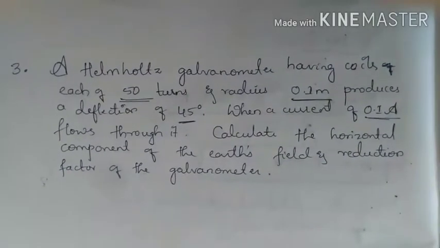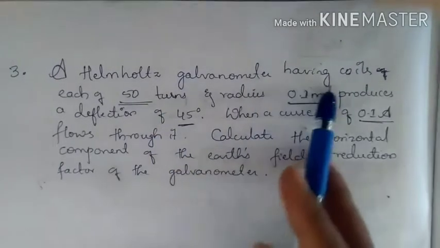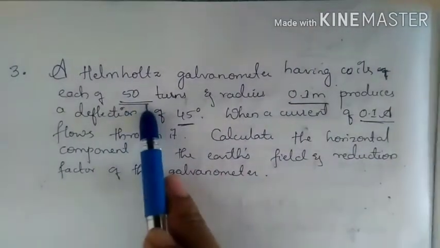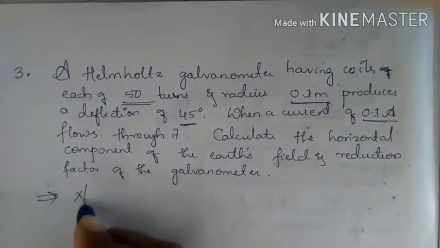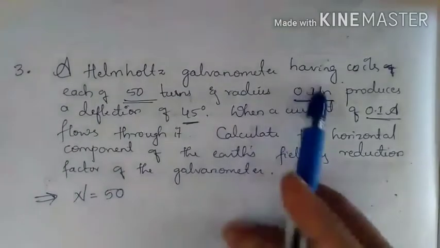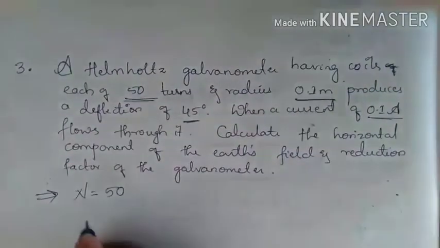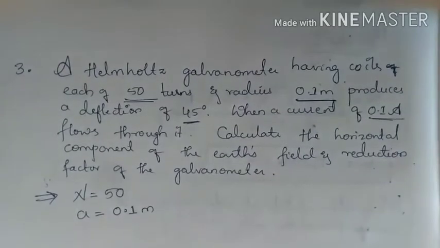So let's start. A Helmholtz galvanometer having coils each of 50 turns. So here we have n equals 50. The radius is given, so the radius is 0.1 meters. So A equals 0.1 meters.